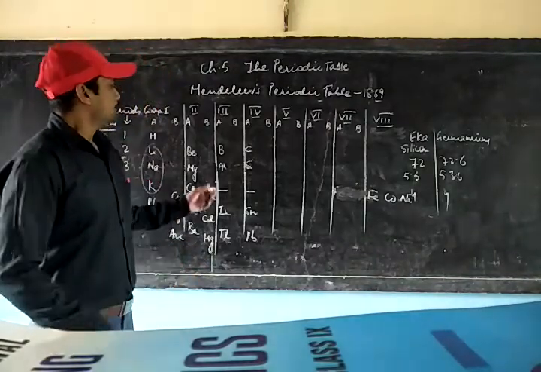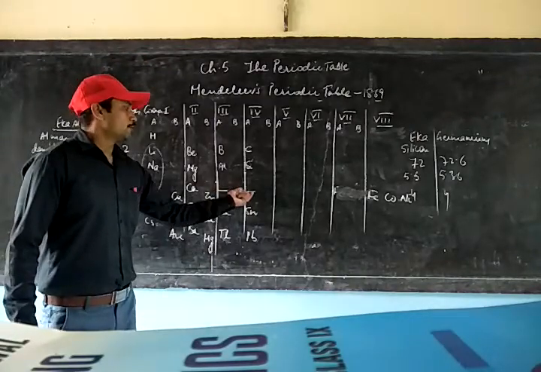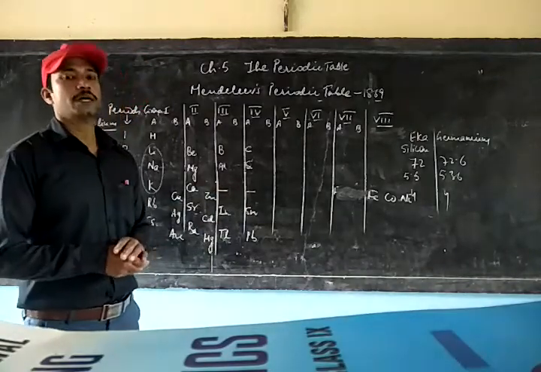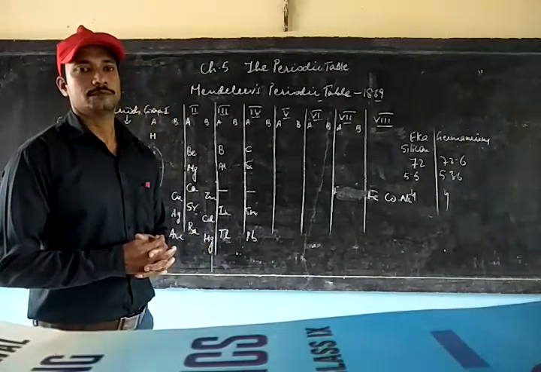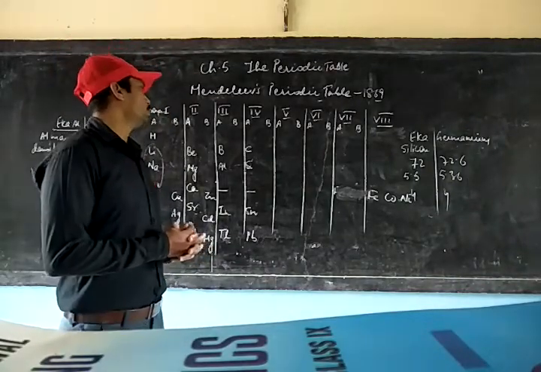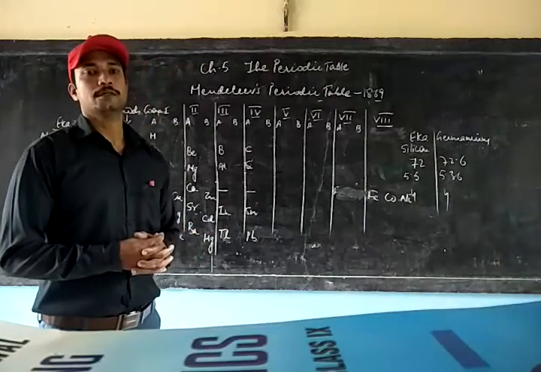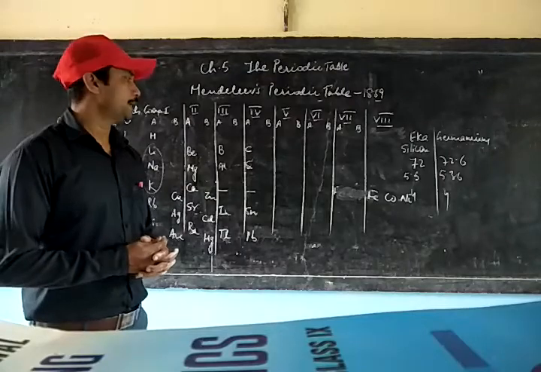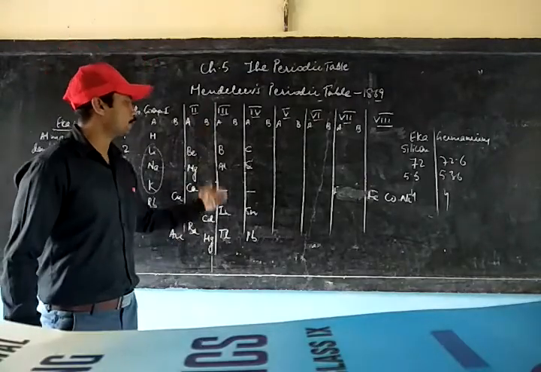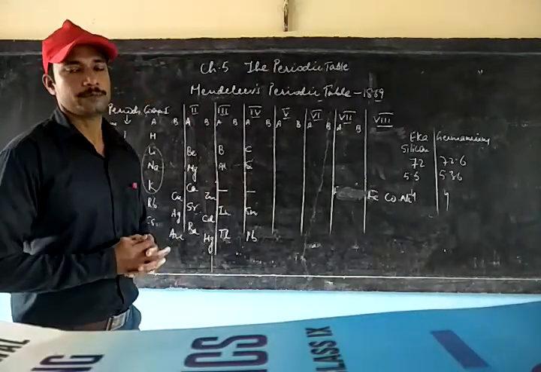Now you can see certain groups are left with blank spaces. That is, in order to complete the elements with the same property which should fall under the same group, some gaps were left.